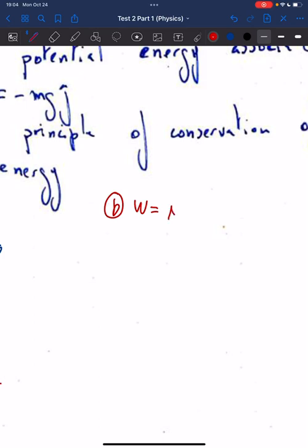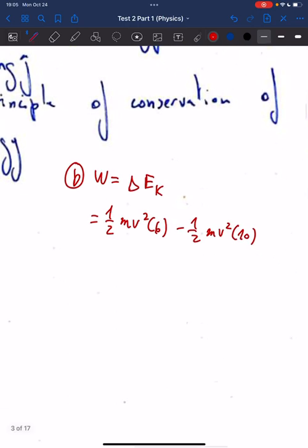It's the change of kinetic energy. In this case, we said it was half mv squared at 6 minus half mv squared at 10.